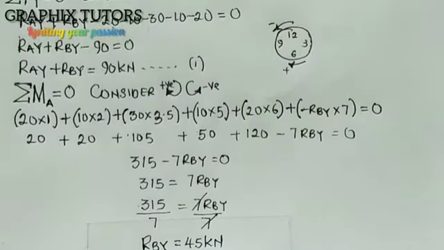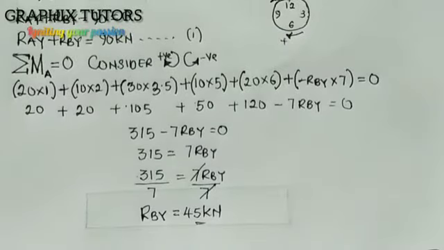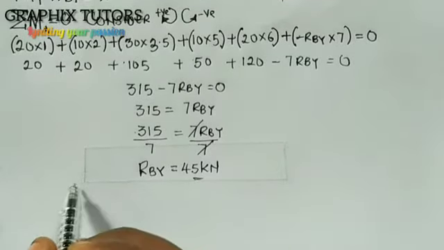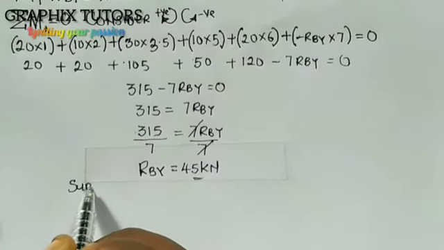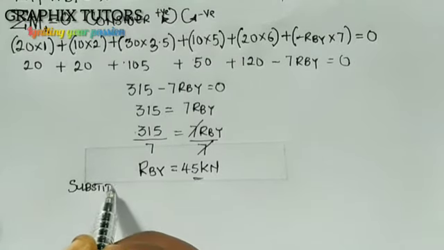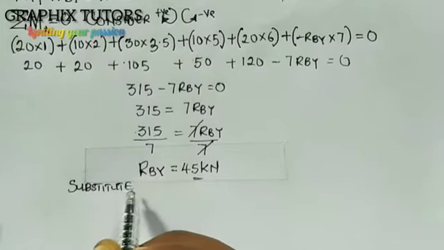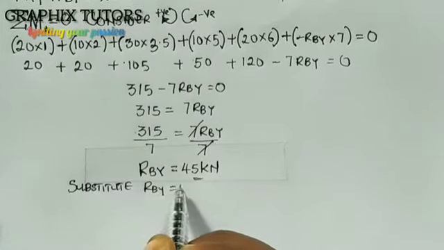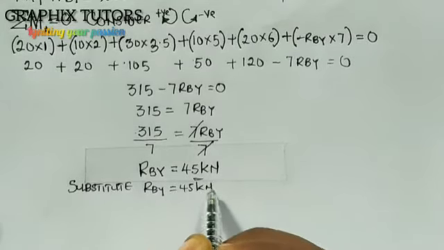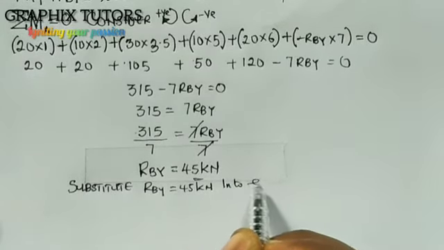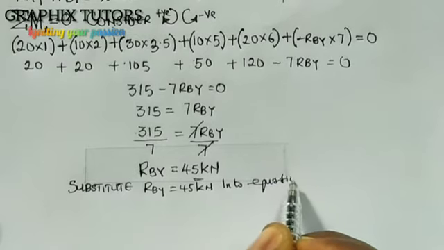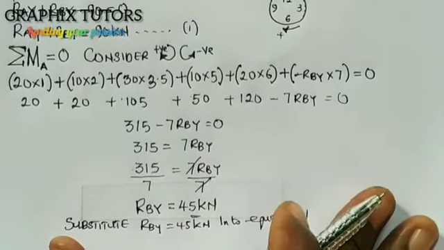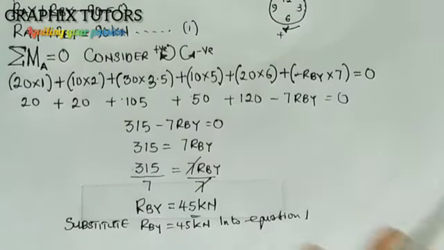Now the next thing we'll do, we need to substitute ROBY equals to 45 kilonewton into equation 1. So equation 1 here is ROAY plus ROBY is equals to 90.